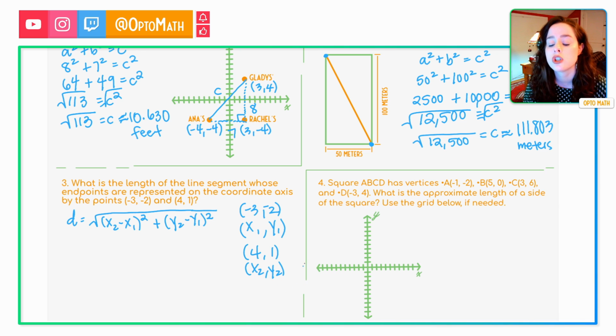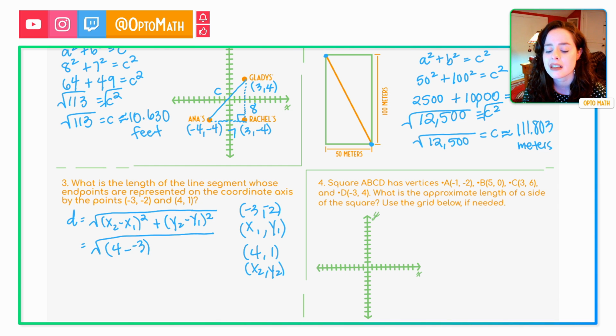It is good to write this out like you're labeling it, because it helps you to not accidentally make a mistake. That's probably why I like to use Pythagorean Theorem more, because it's so much more visual in my opinion. Okay, so we have this big old square root. Let's do our x2, which is 4, minus our x1, which is -3. Now notice, you're subtracting whatever that x value is.